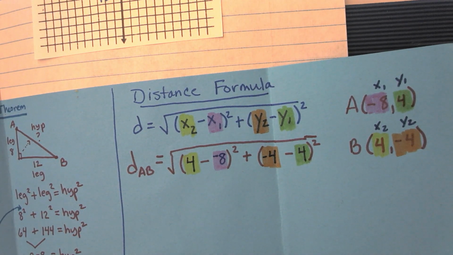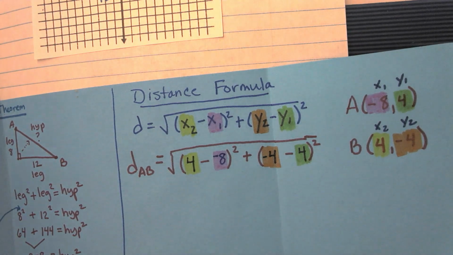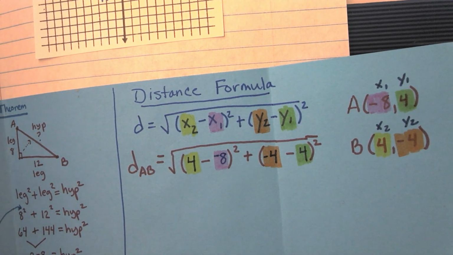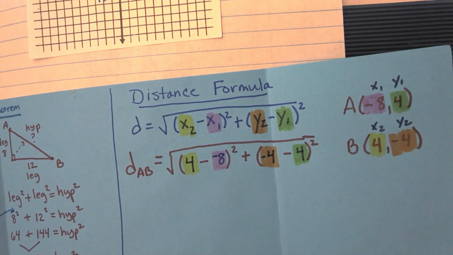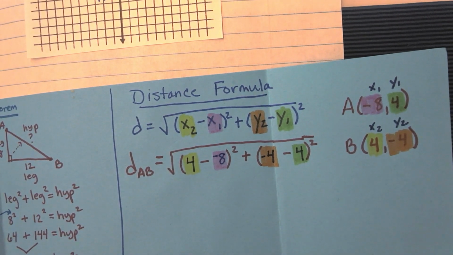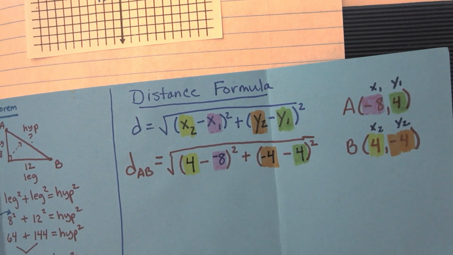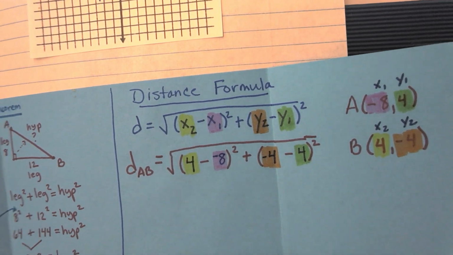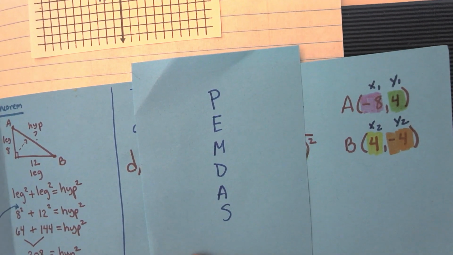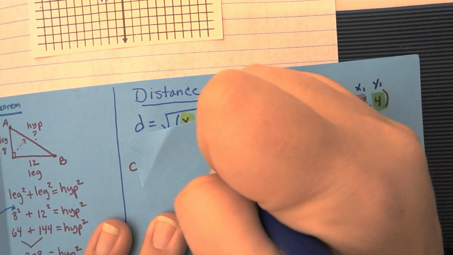The next thing that we're going to do is start cleaning up all of our formula, one piece at a time. So if you remember, you learned this acronym called PEMDAS. P stands for parentheses.